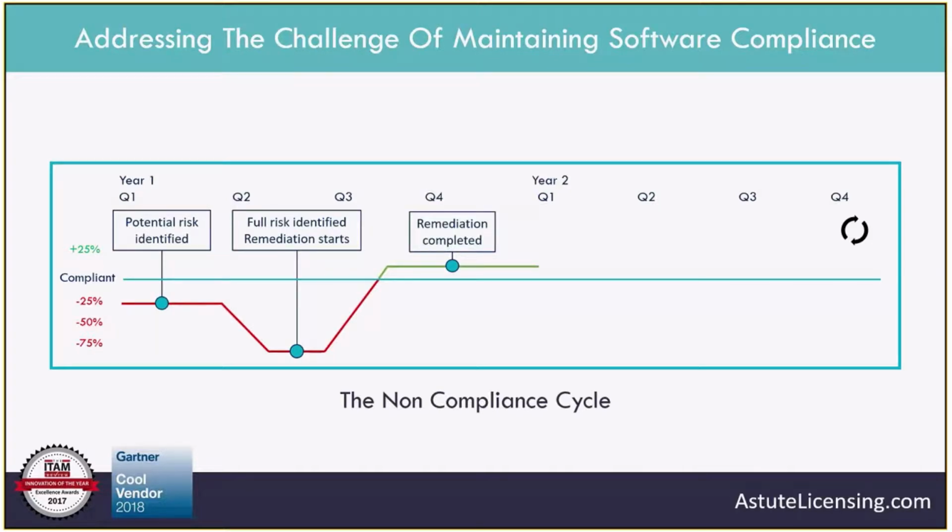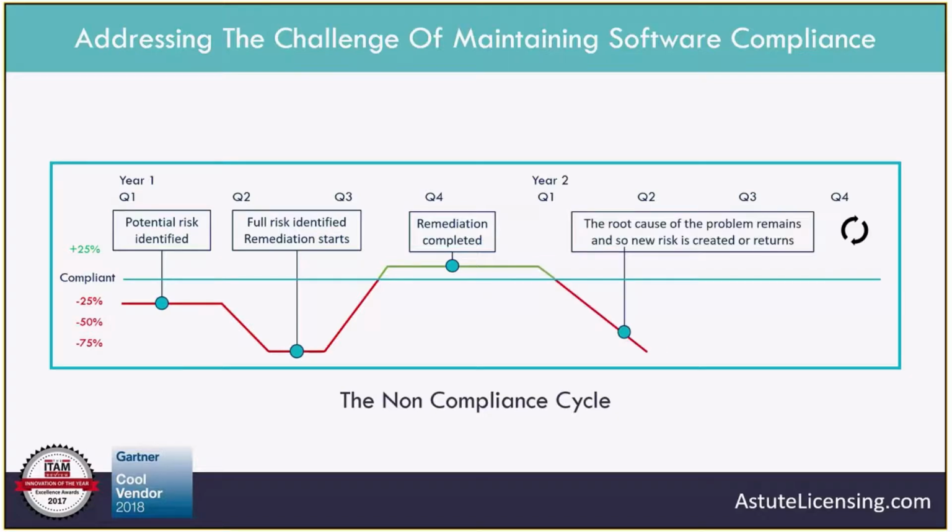So we're short 500 licenses. We've come up with a way to mitigate that risk, and now we're compliant, and we've actually got a little bit more licenses than we need, and we've had a great first year. We had a problem, we identified the full problem, we remediated it, and now we're compliant. What happens in year 2 is that the root cause still remains and the problem starts to return.